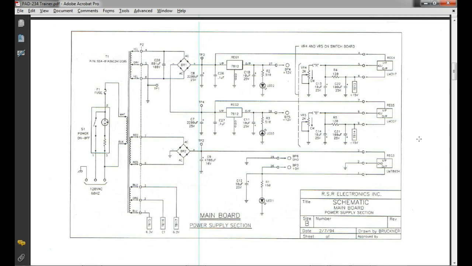Unfortunately, you can never get down to zero. So if you ever hook up the trainer and go all the way counterclockwise, you'll see it drop down to about 2 volts, and then you can get up to the maximum voltage. So what that means is, to regulate, I have to have more voltage here than I'm regulating there. Does that make sense?